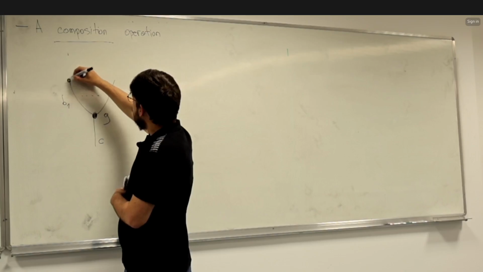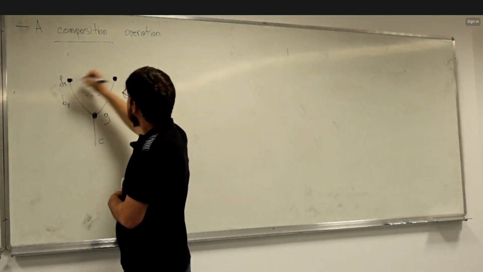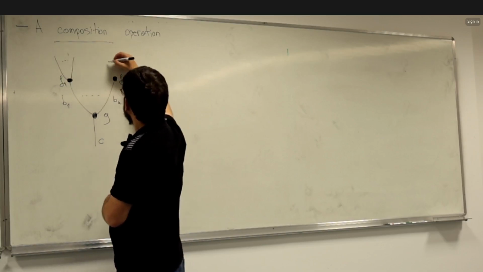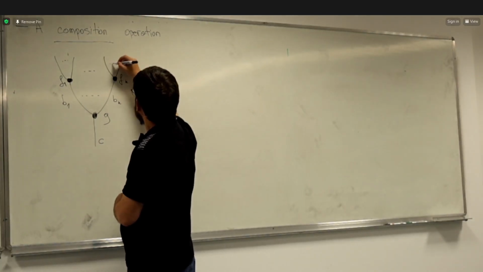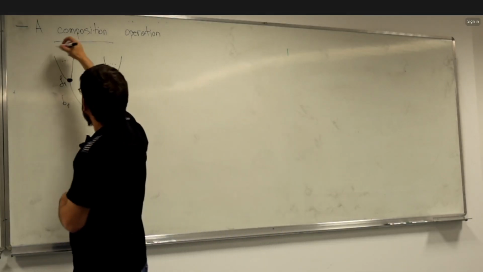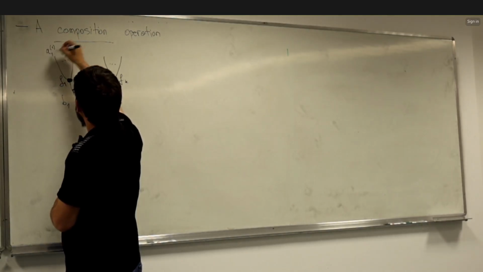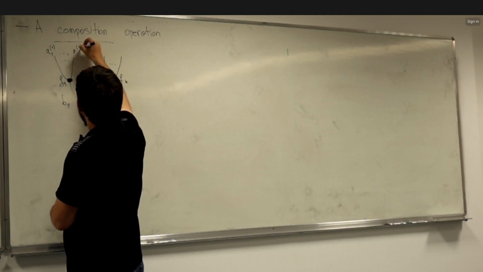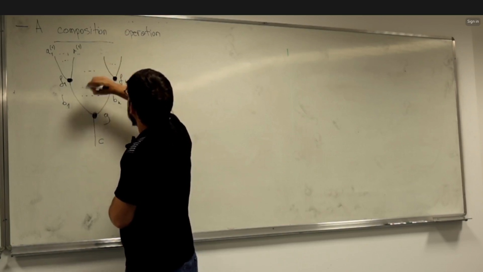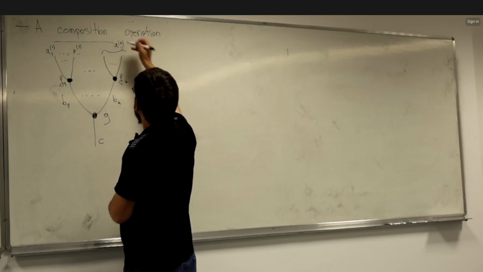And then on top of these, if we have operations F1 up to Fk, and they have their own sets of inputs, we can compose them into a single operation. Let's denote these sequences A1 up to AK.